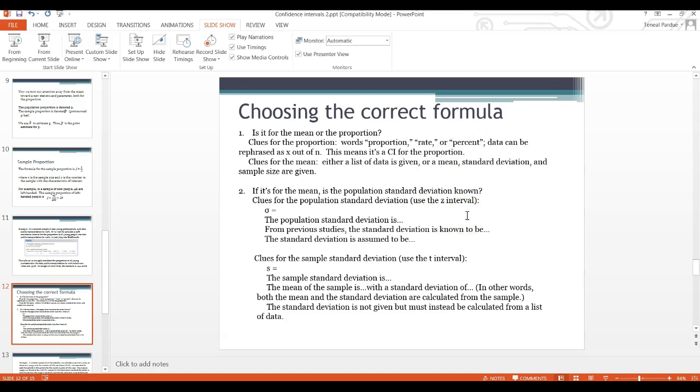And here are some clues: sigma equals, or the population standard deviation is; from previous studies, the standard deviation is known to be, or assumed to be. For those cases, you're going to use the Z interval. Otherwise, you're going to use the T interval.